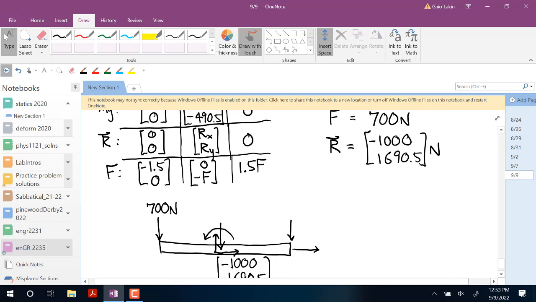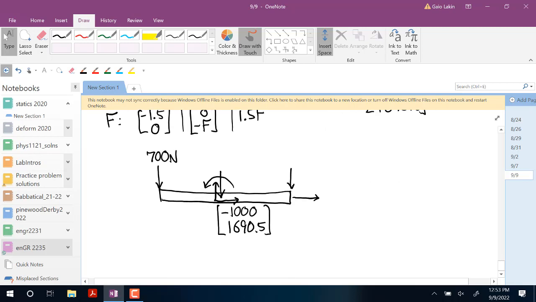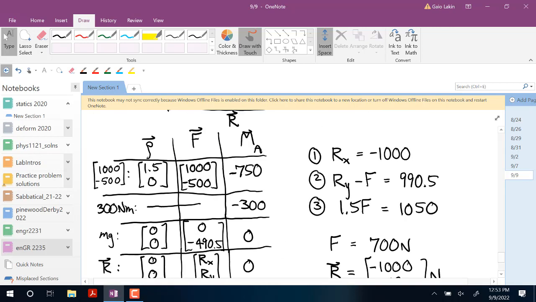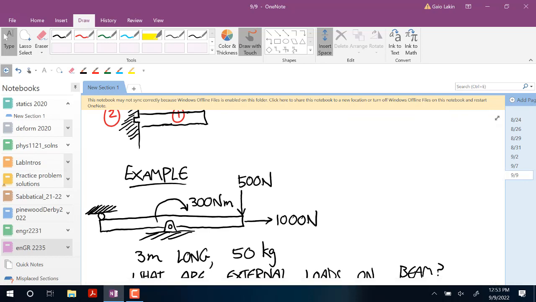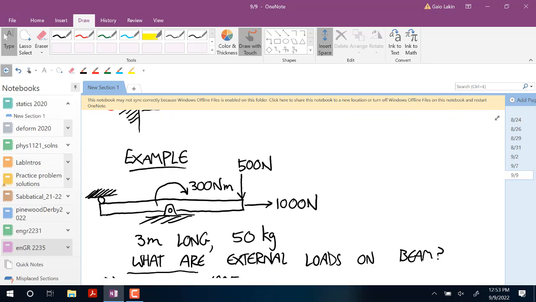So, what stops it from moving? In this scenario, you can imagine if that roller wasn't there, if there was no contact there, the 300 newton meter couple and the 500 newton force would just make it spin. But it's kept from spinning by that roller blocking it. And it would translate to the right if that pin joint wasn't there.